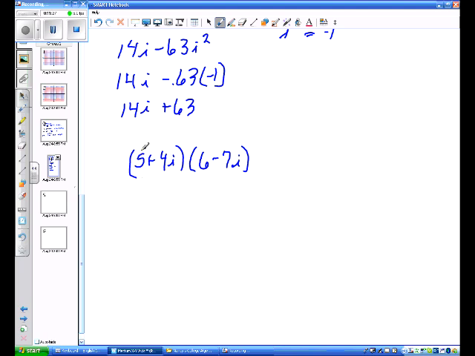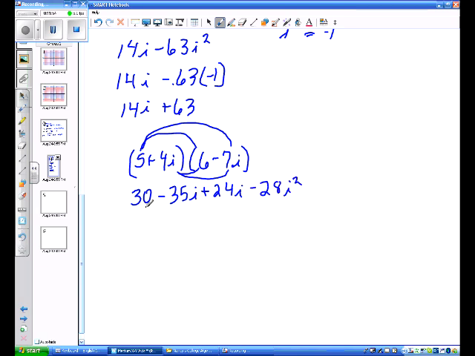We're going to distribute our 5 to each one of these terms. So that would give us 30 minus 35i. Then we'll distribute the 4i, so that would be a positive 24i. And then distributing it to the last term would give us negative 28i squared.